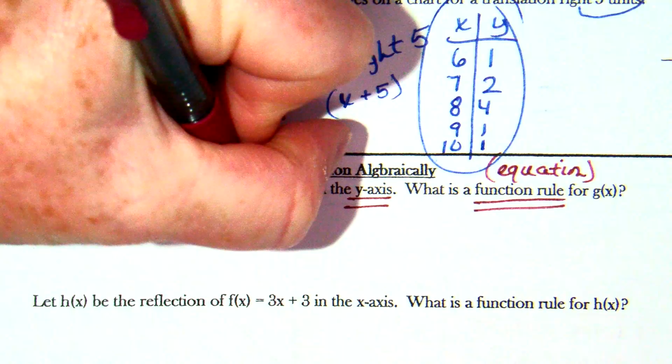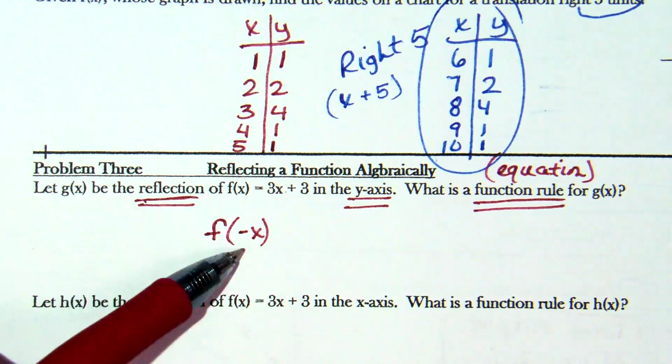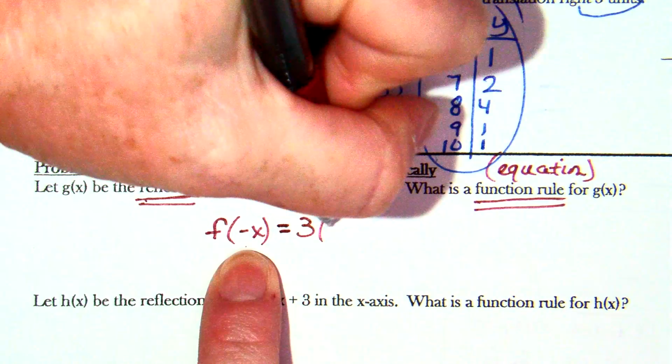So if we're going to rewrite this equation, it was f of x equals 3x plus 3. Now, every place I see an x, I'm going to replace it with negative x. So instead of saying 3x plus 3, I'm going to say 3 times, what am I putting in place of x? Negative x plus 3.